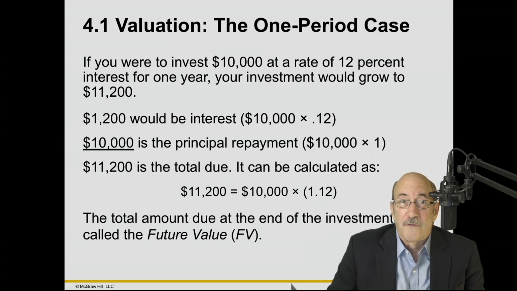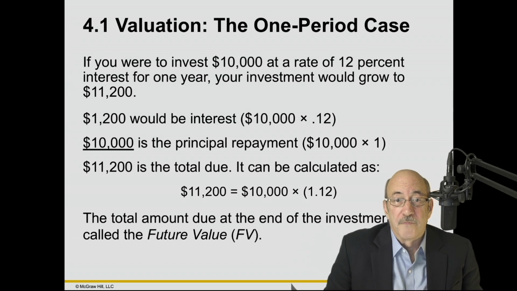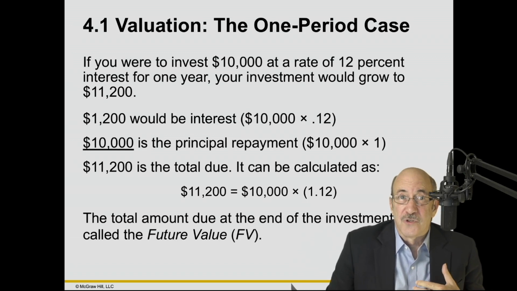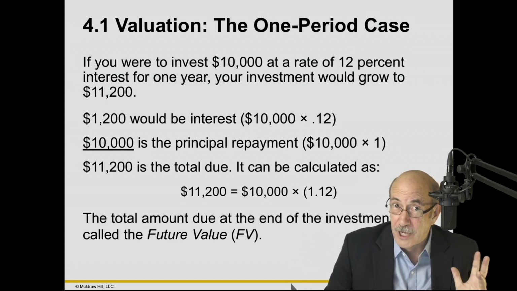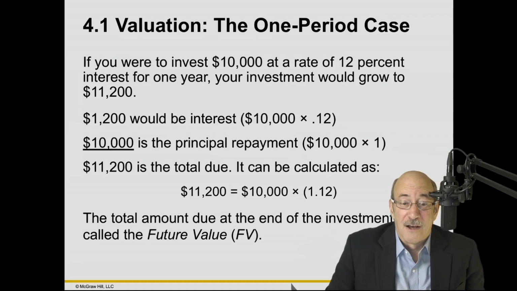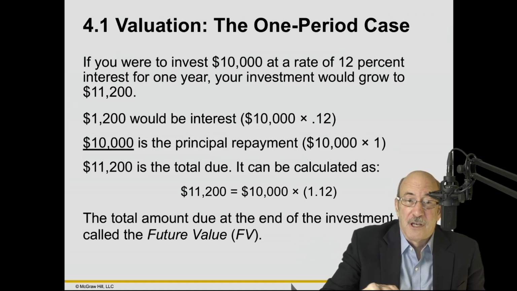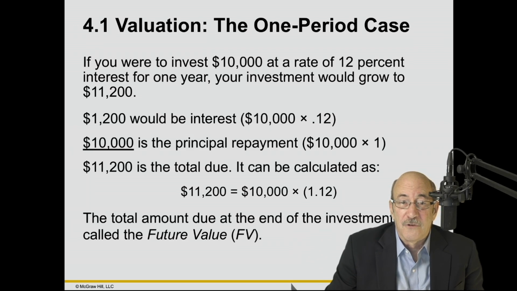Now that $1,200 of interest is gotten to by taking the principal, the $10,000, times the 12%, or in decimal form, that would be 0.12. Add that interest to the principal, because hopefully we're getting the principal back, and we will have the answer of $11,200. So this is a relatively simple calculation.